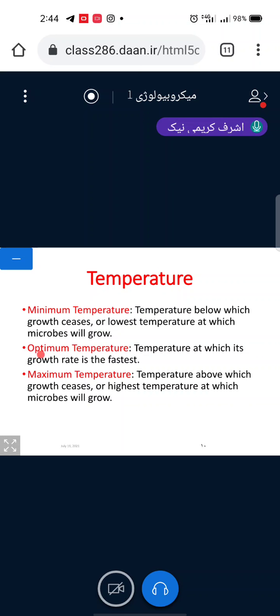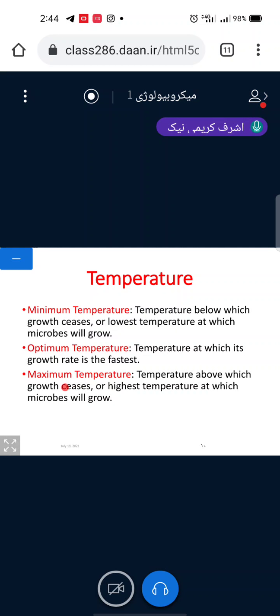Optimum temperature is the best temperature, at which the growth rate is the fastest.